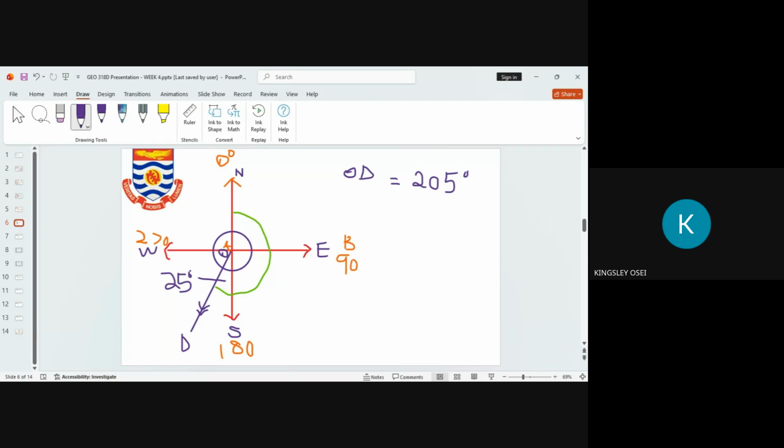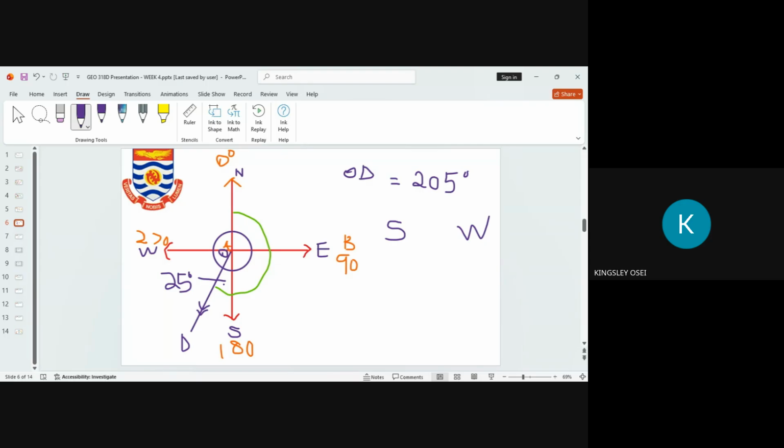So we are in the third quadrant, and the language of the third quadrant is saying that south, your angle comes, and then west. So there should be 2 letters to tell us the quadrant, not 1. And from the south, you'll be heading towards the west. So it's clockwise. Of course, we know it's in the third quadrant, and we said the third and first movement is clockwise. But the 205 is from here, the north, all the way to this point, 205. But if this line here is 180, so what is this space here?